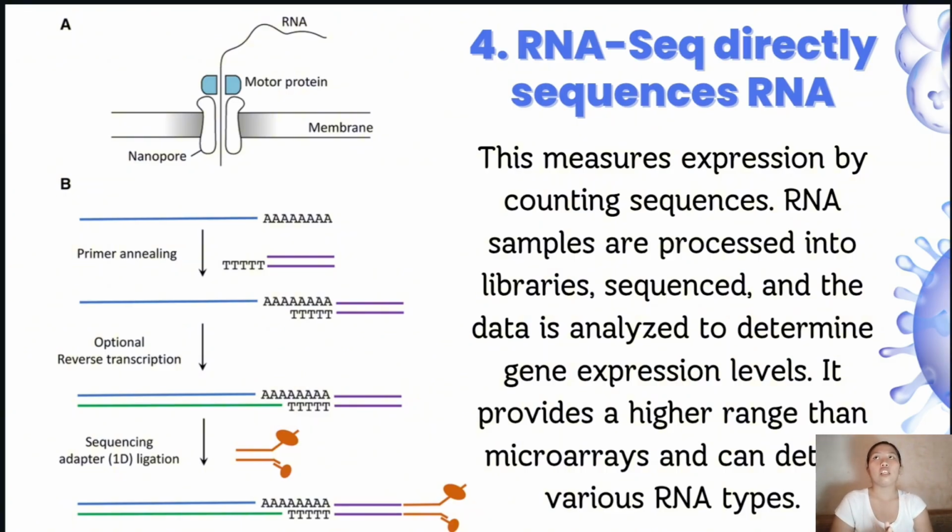So, makikita natin from the definition itself, diba, that it is the most modern and powerful. So mas effective siya in terms of knowing specific DNA or the gene expression.